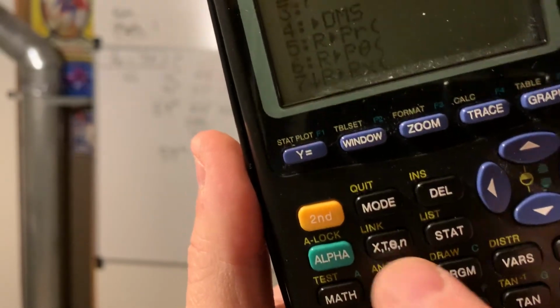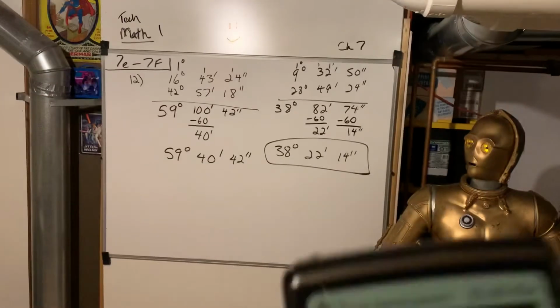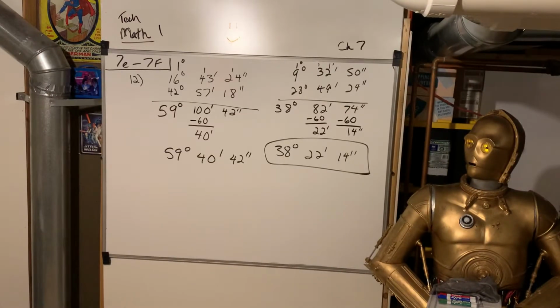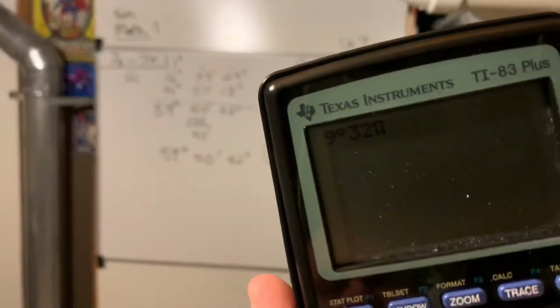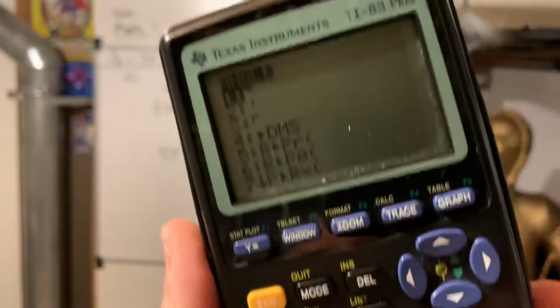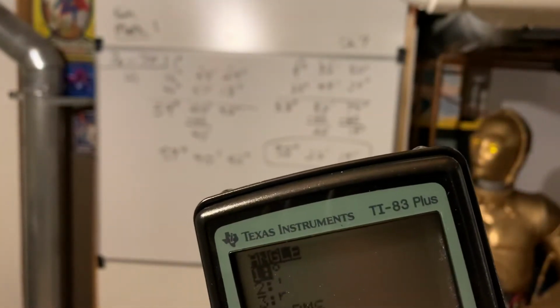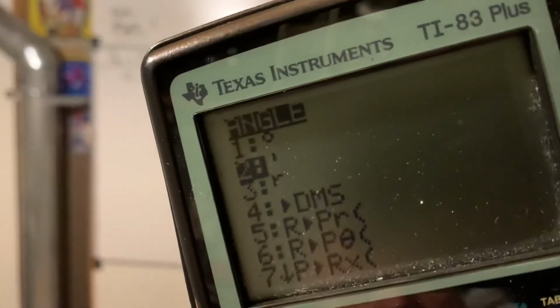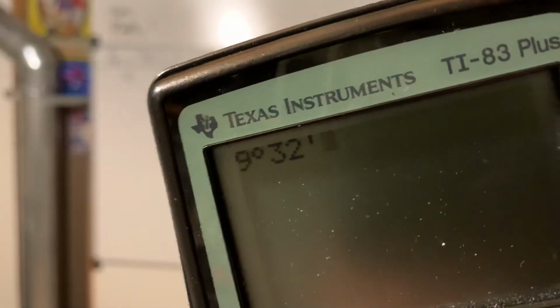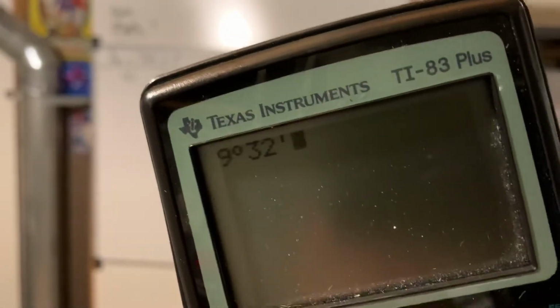So we're hitting the yellow. And now look, it has degrees and minutes. So do the degrees, and now look, it says 9 degrees. And then 32, you do second, angle. And so don't go down 1, and that's minutes. So 9 degrees, 32 minutes.